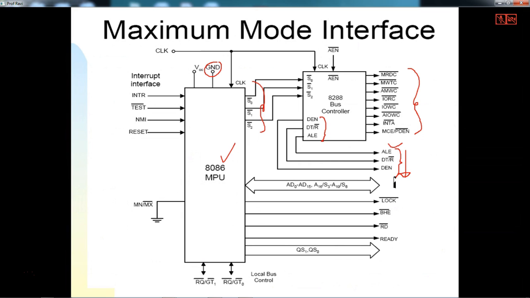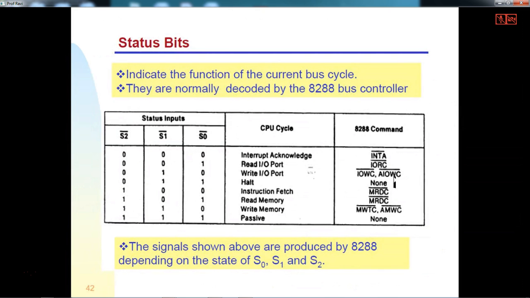So this is the maximum mode of interfacing. In maximum mode of interfacing, we are accommodating one more coprocessor with the help of the 8288, is the conclusion. So the CPU cycle and the 8288 command is what we have seen.